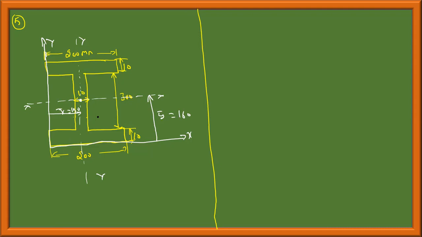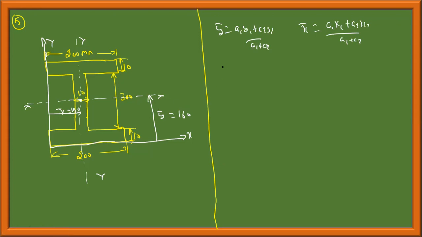This y bar and x bar, we have located. If you are interested, you can calculate directly. The formula is y bar equal to a1 y1 plus a2 y2 divided by a1 plus a2. Similarly, x bar is equal to a1 x1 plus a2 x2 divided by a1 plus a2. This remains the same.